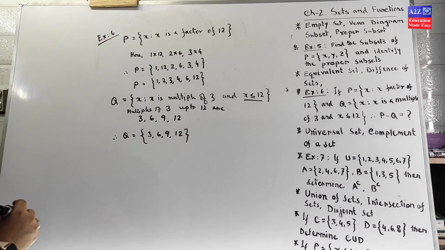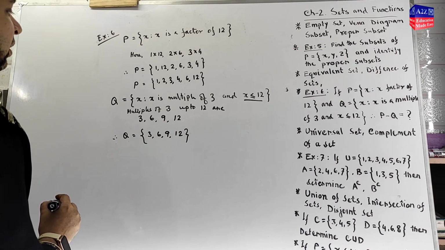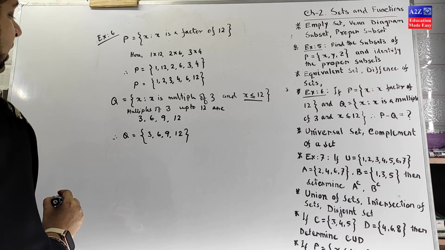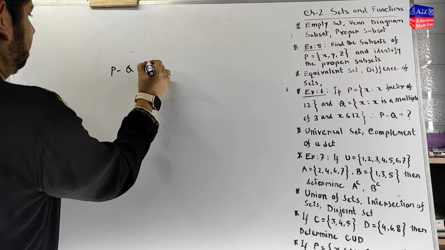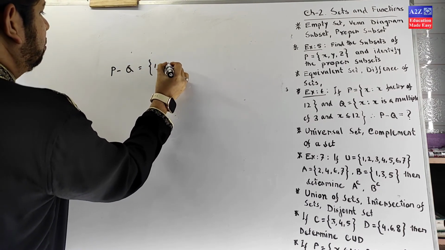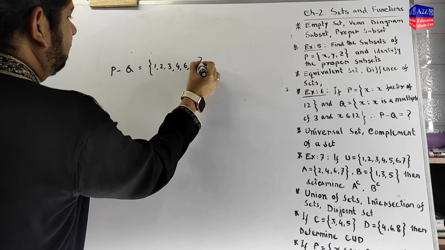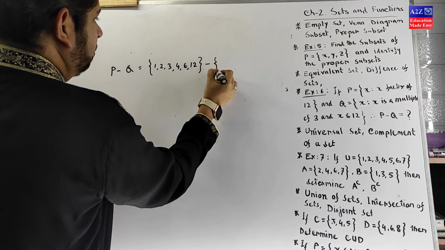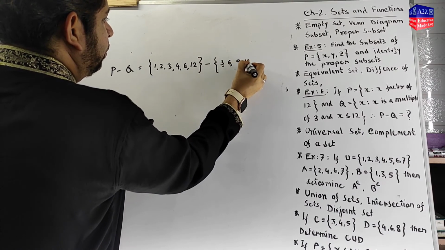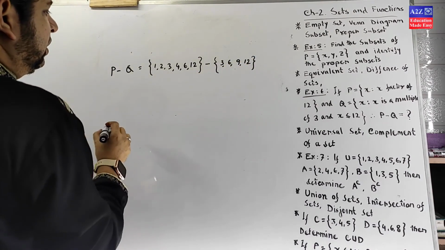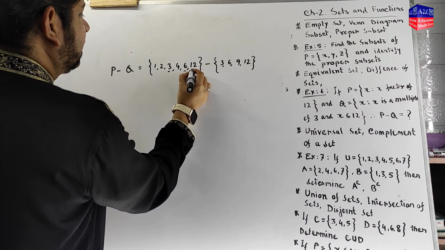So we have already found the elements of P and Q. Right now we can find the difference between P and Q. So I can write P delete Q, since P contains 1, 2, 3, 4, 6, 12, delete Q. Q contains 3, 6, 9, 12. So you see there are some common elements: 3, 6 and 12.